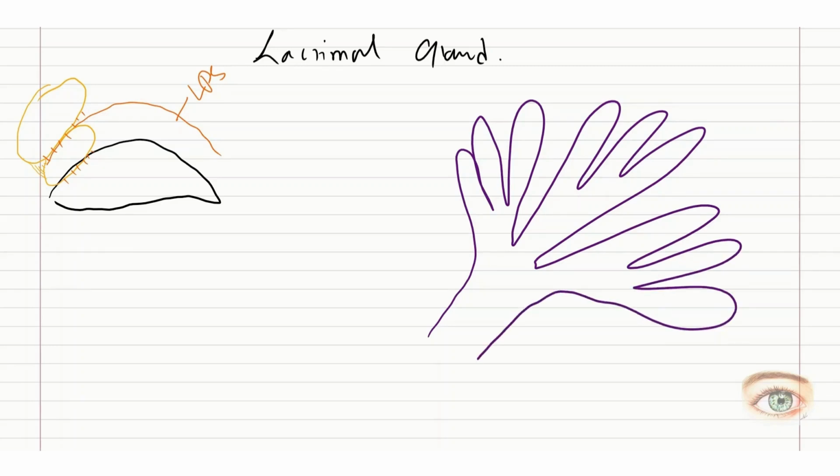Now, what does this mean? This right here is the duct. These are the ductules, and these are actually the acini. So, if we take a cross section from right here, what will we get?